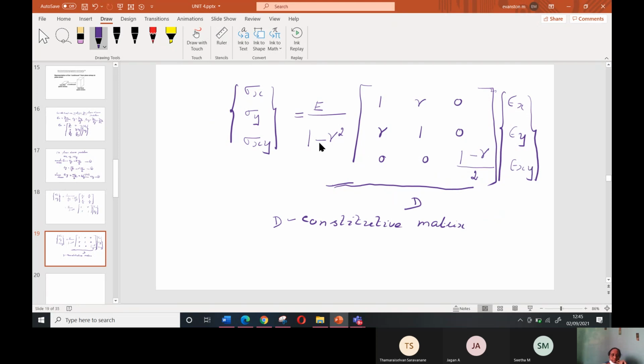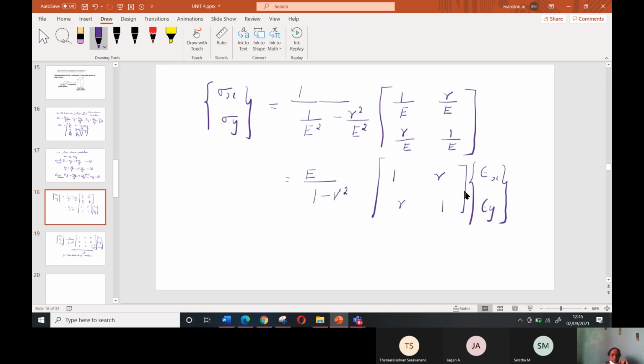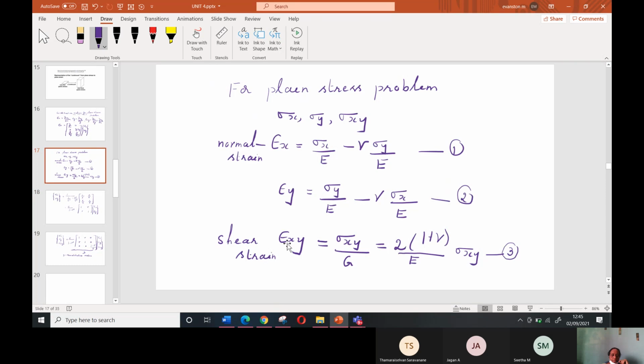But I have taken 1 minus nu square commonly outside, so I have to make some arrangements here, because epsilon xy is equal to 2 into 1 minus nu divided by E into sigma xy. This is the g value, the value of g.